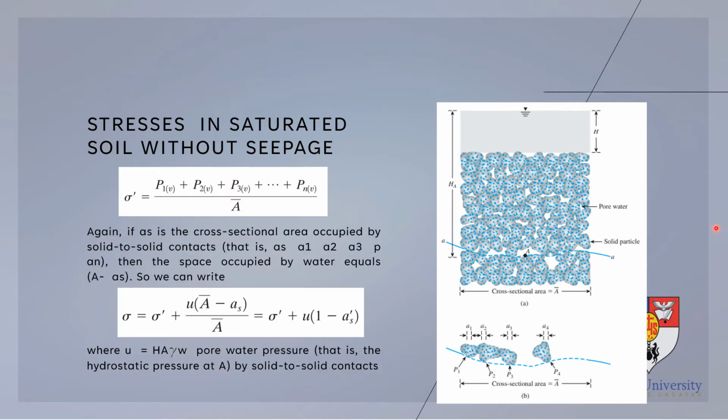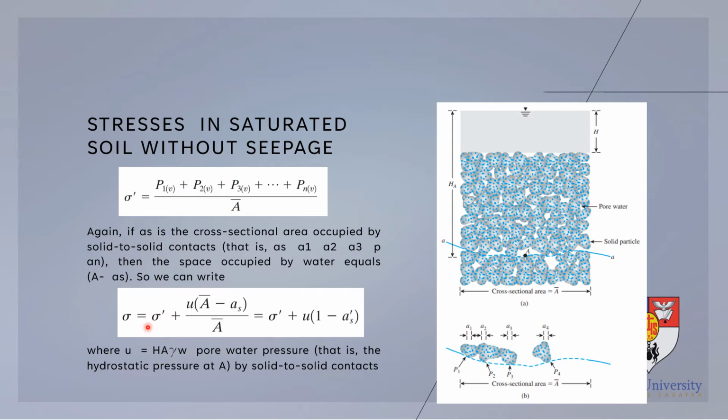Again, if A_s is the cross-sectional area occupied by solid-to-solid contacts, then the space occupied by water equals the total area minus the area A_s, denoted by small letter a.